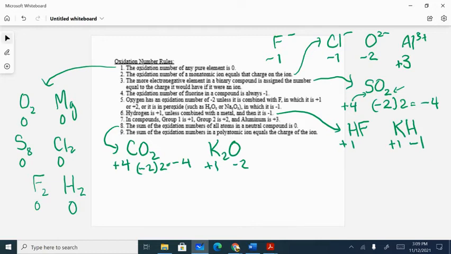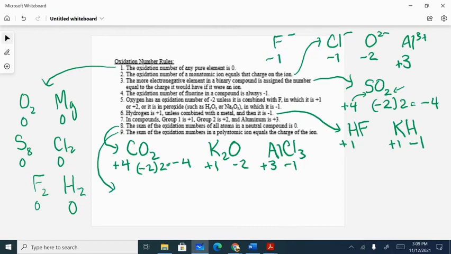So we're talking about oxidation numbers, the charge on each individual atom. In AlCl3, chlorine is a -1 and aluminum is a +3. Same thing we've done over and over again with naming, in all the weeks that we've spent on this.